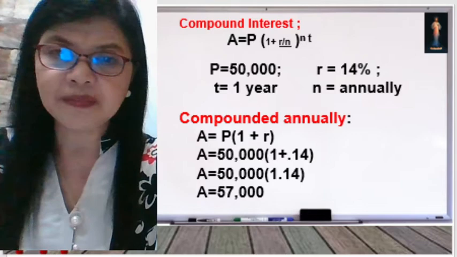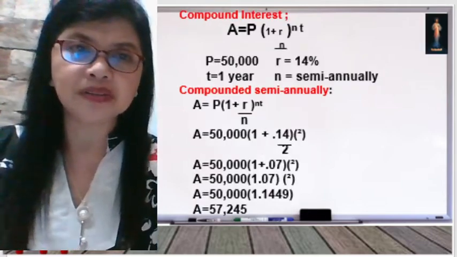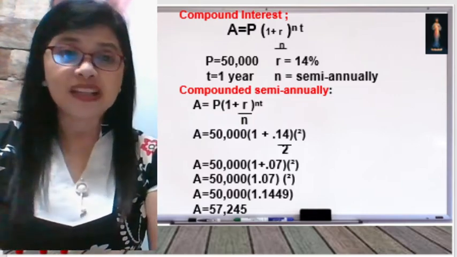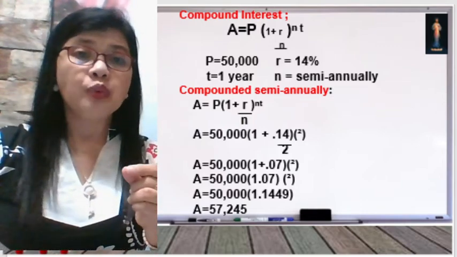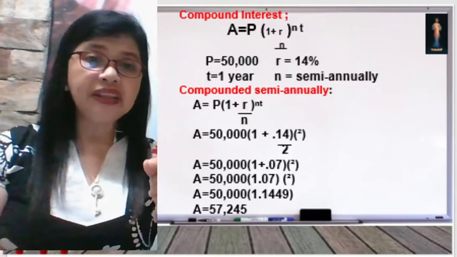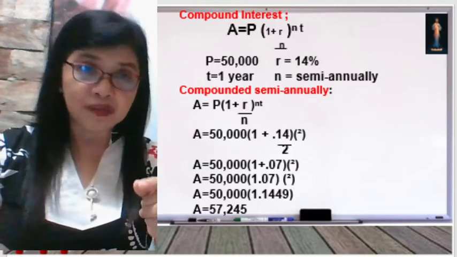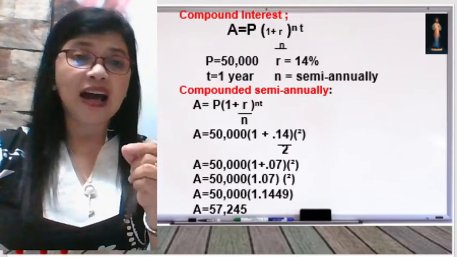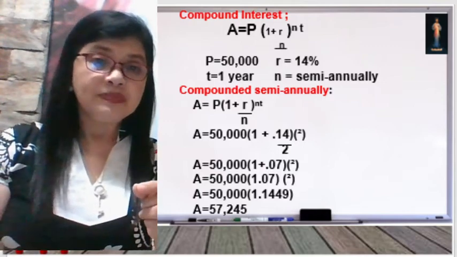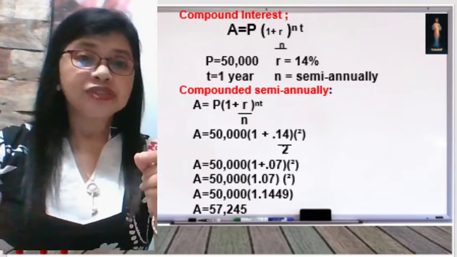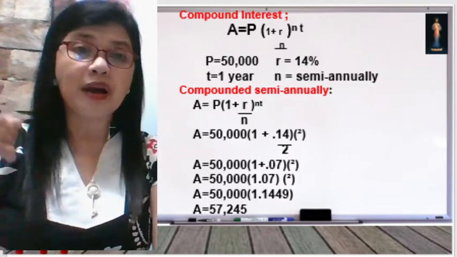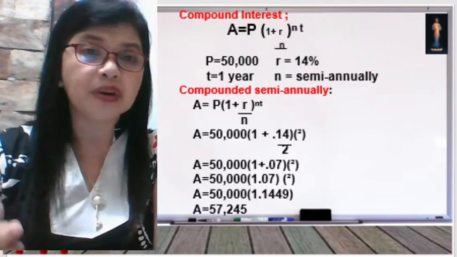How about for the semi-annual compound? Here, compounded semi-annually, the same problem, 50,000, but for the n, we put 2, because it is semi-annual. So the rate of interest divided by the n, which is how many times it is compounded in a year. You divide it by 2, you get 0.07. So 1.07 raised to the second power. Why raised to the second power?